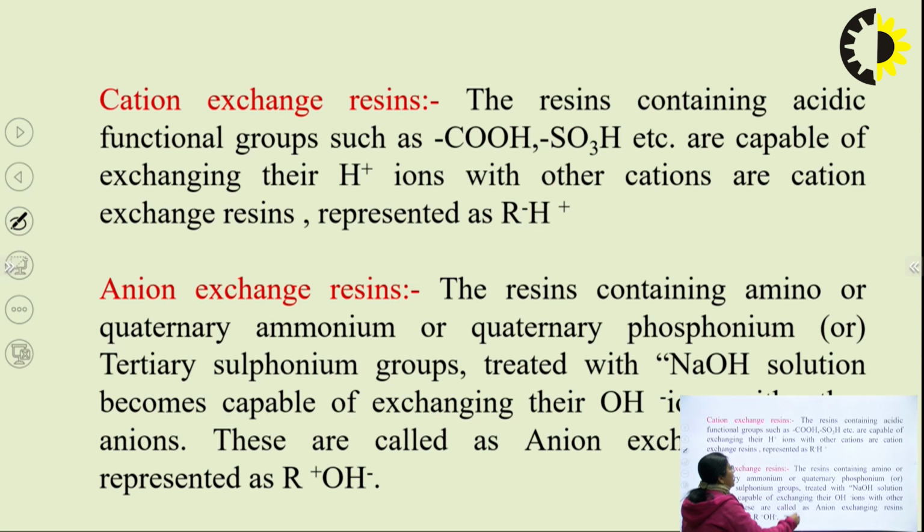In general, they are represented as R-H+. Similarly, anion exchange resins are resins of amino, quaternary ammonium, quaternary phosphonium or tertiary sulfonium groups, which on treatment with NaOH solution become capable of exchanging their hydroxide ions with the other anions present in the hard water. The general representation of anion exchangers is R+OH-.